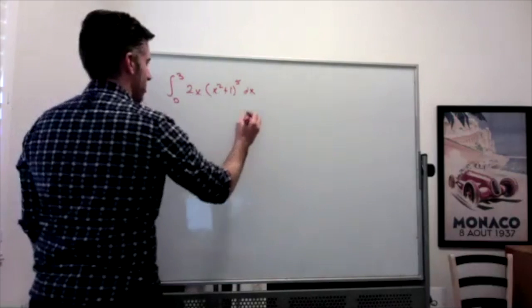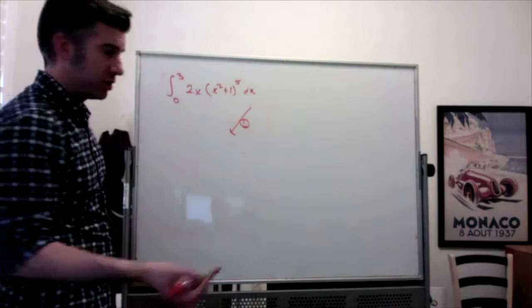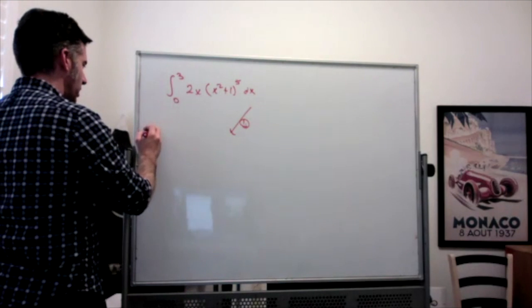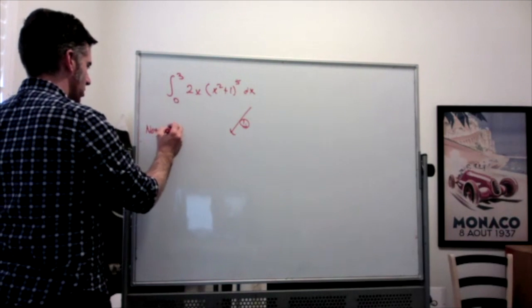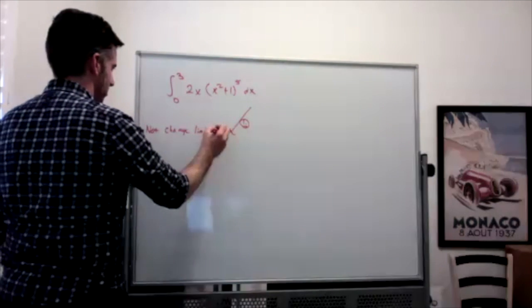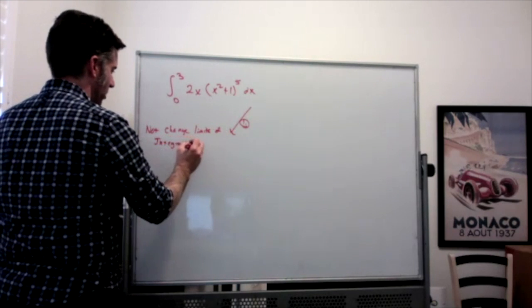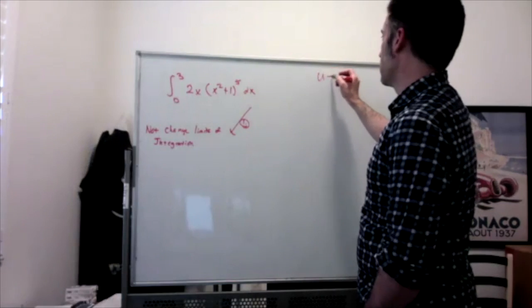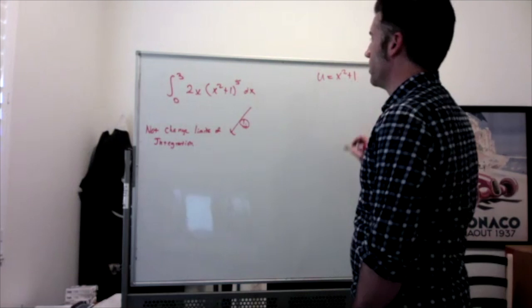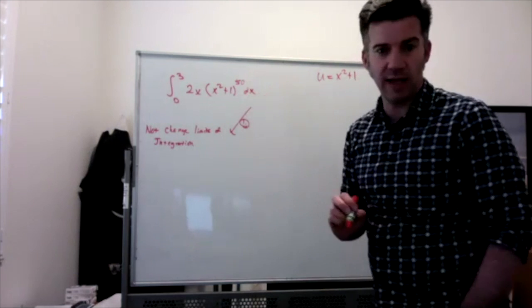So we're going to do a U-sub here. And in the first method, we're not going to change limits of integration. I'm still going to make the same choice for u I'd make either way. My u is going to be x squared plus 1. In fact, let's make that 50 instead.